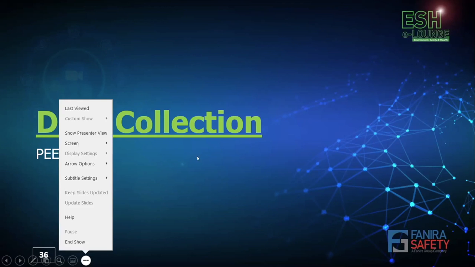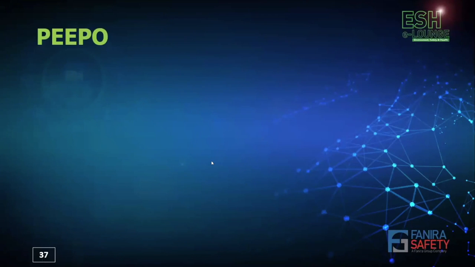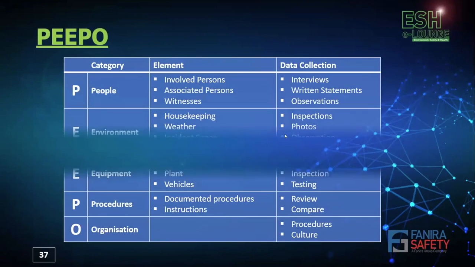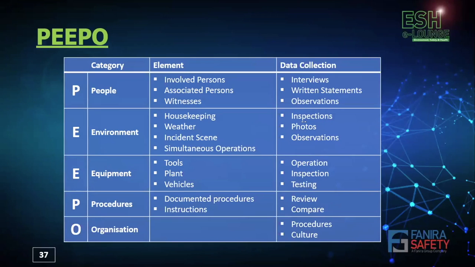So the next stage of the incident investigation process is now your data collection. And a simple method, but effective, is PEEPO, with the P being the people. So the elements that come with it are, who are the involved persons? Were there any additional associated persons? And who are the witnesses that were there?